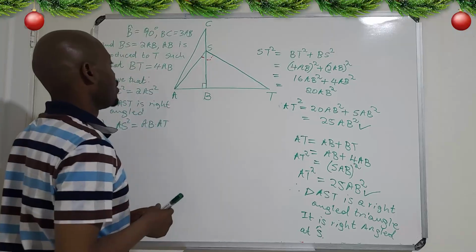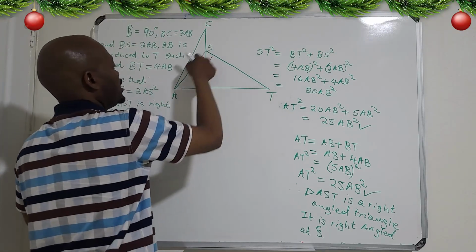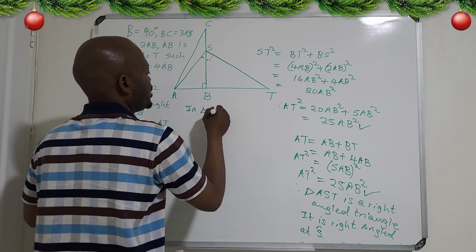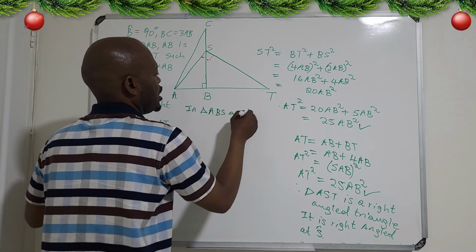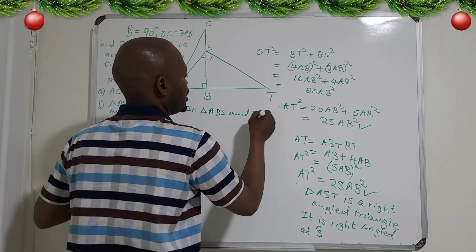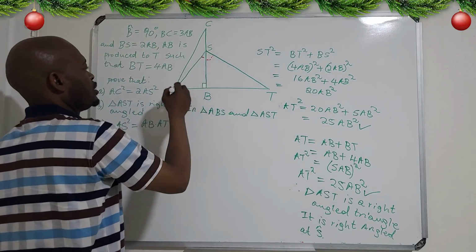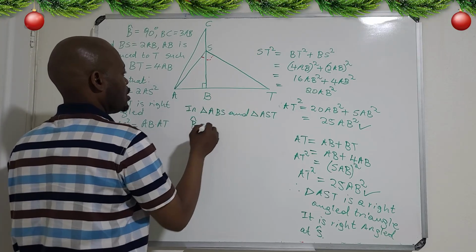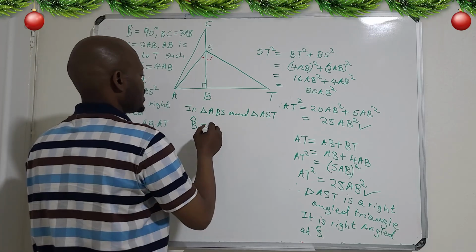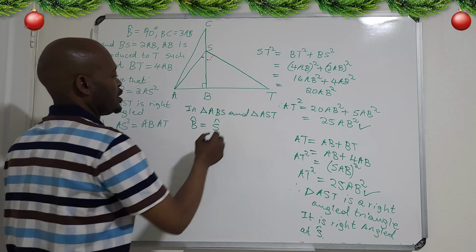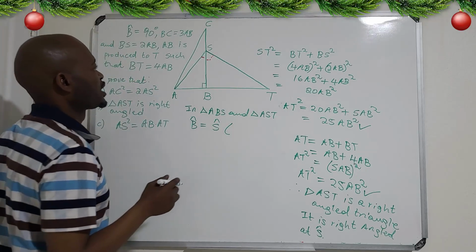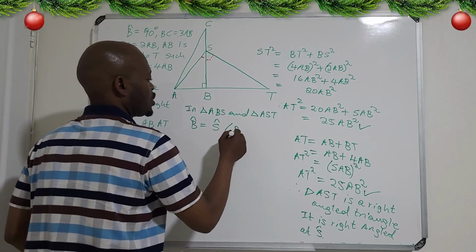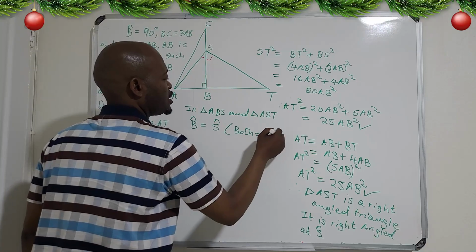Now, in triangle ABS and triangle AST, in this triangle and this triangle, angle B is equal to angle S. We are given that, or proved, or given, both equal to 90 degrees.